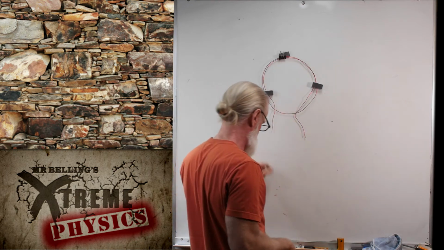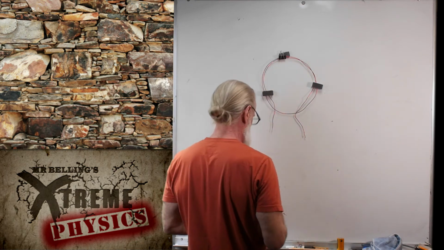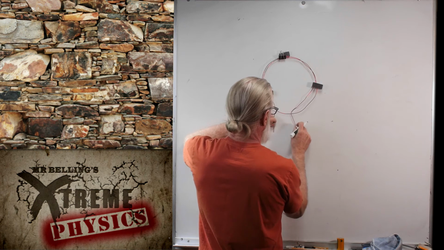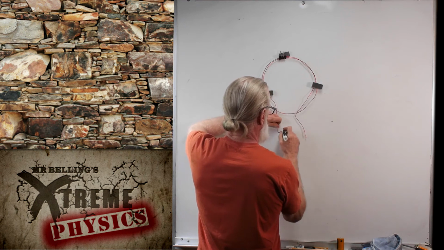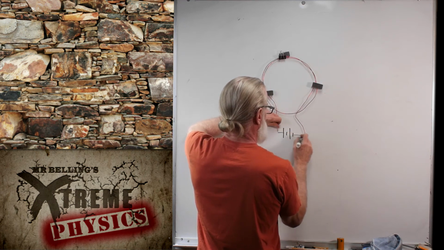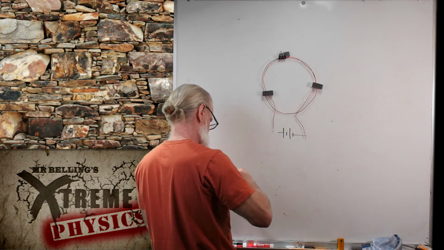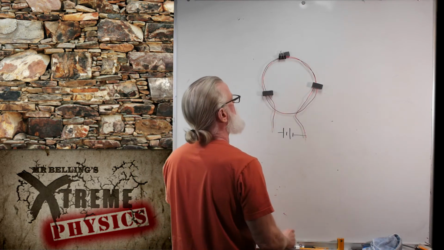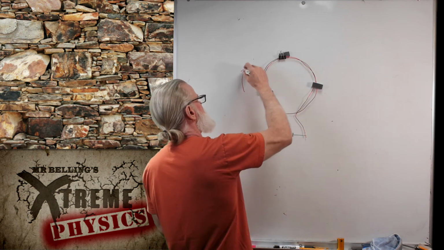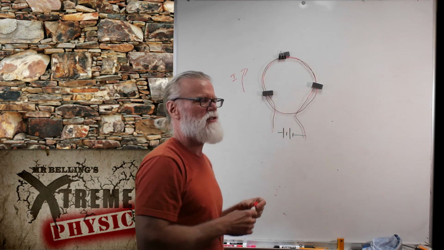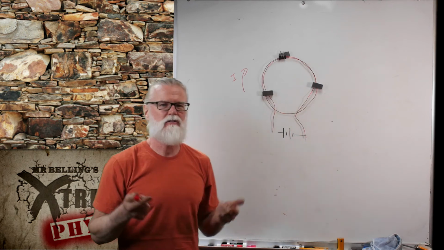The loop goes around twice. We still have our battery. And our battery is still going like that. So we still have our current going around like this. So what I'd like you to do now is we got two loops.